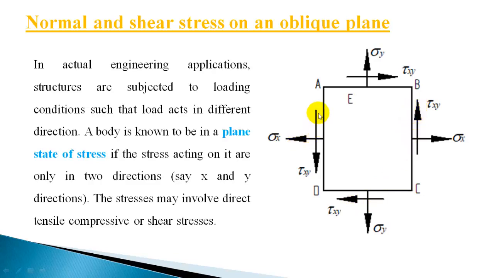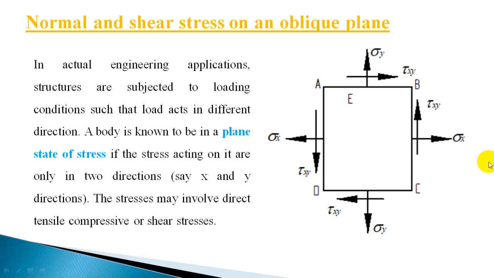Now let us consider an element subjected to plane state of stress like this, as shown in the figure. In such situations, the maximum normal stress will be different from sigma x or sigma y. So we have to find out the maximum normal stress induced and also the maximum shear stress induced in the body. Knowing the maximum stress, we can strengthen the structure.